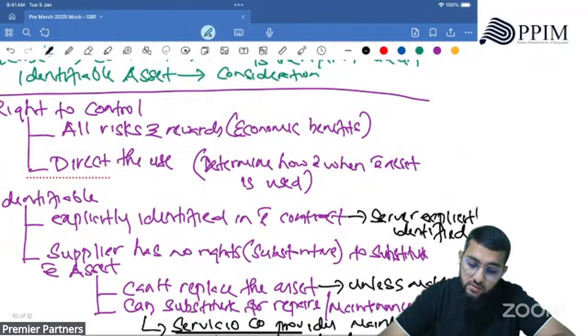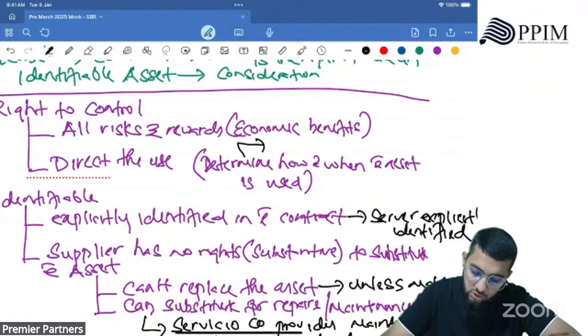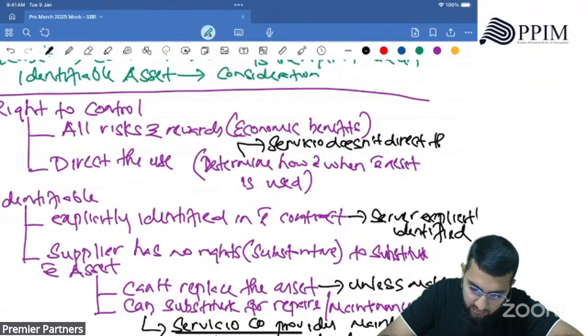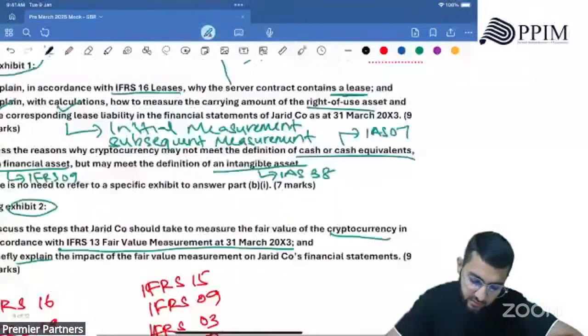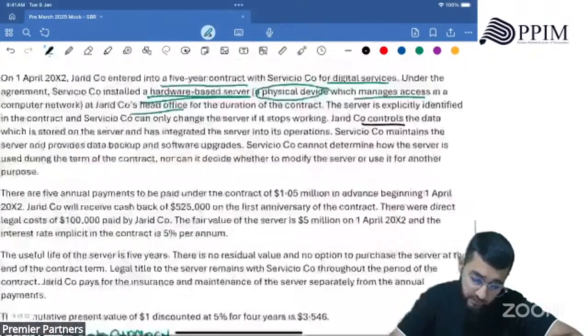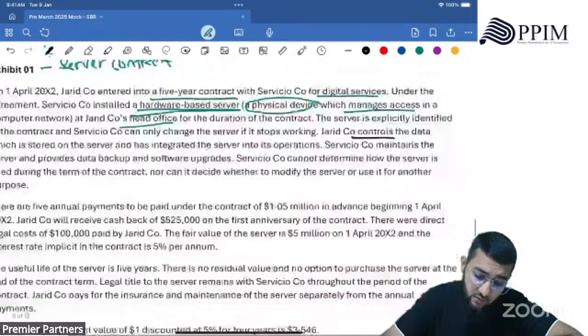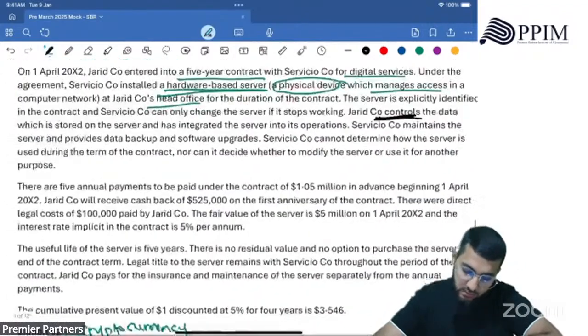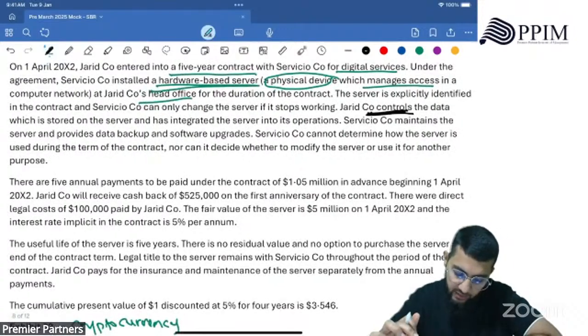Right. As ServiceCo, okay, let's write it up to this point. Control the use. We can see that ServiceCo does not direct the use. Instead, Jaritco is the one who controls. Why? They are saying Jaritco controls the data, right? That's what they've clearly mentioned.